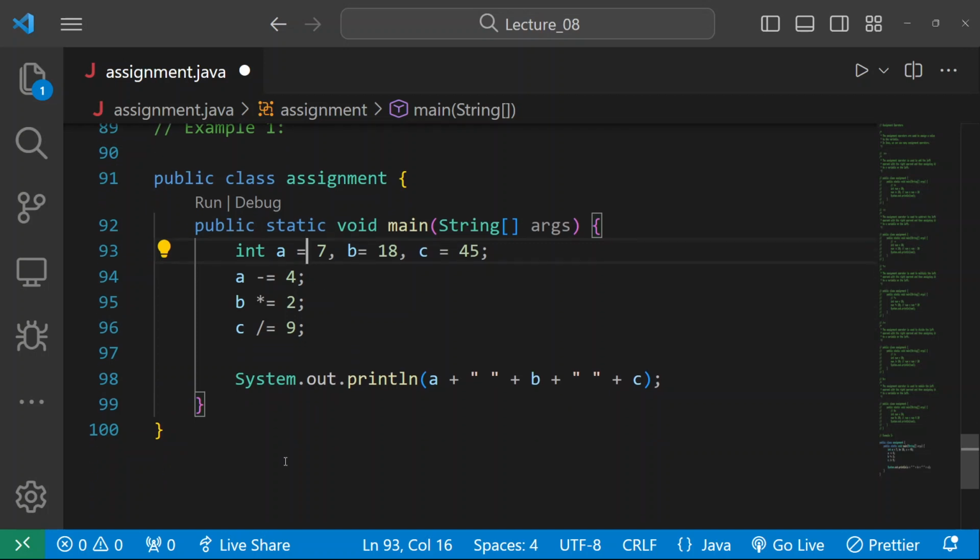See the code in front of you. Yes, anyone with the output?